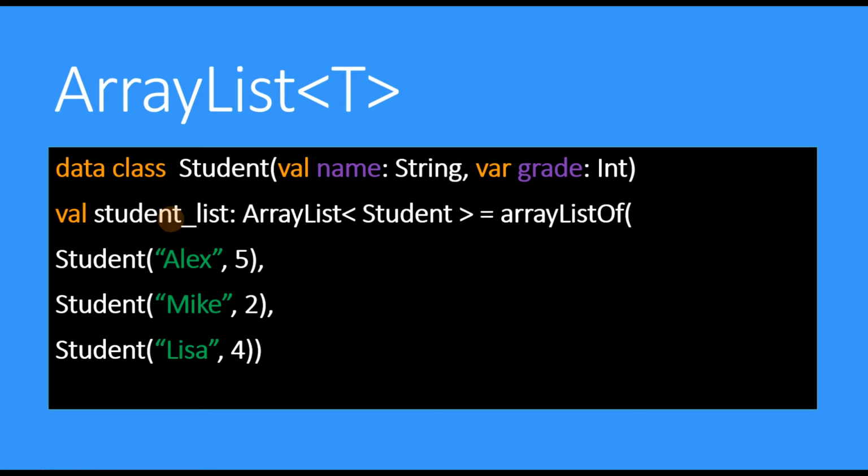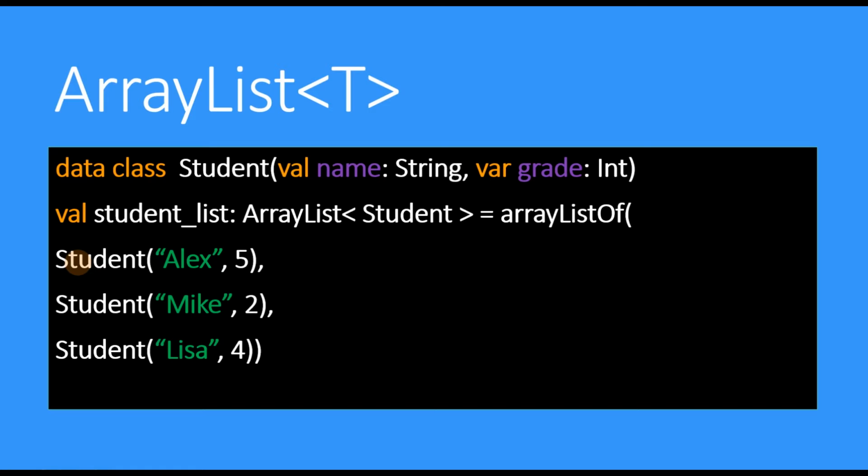So this variable studentList, we are declaring it as an array list of type Student, and then we are initializing it by using the function arrayListOf. So arrayListOf is the function for initializing the array list, and then we directly add those elements of the array list.